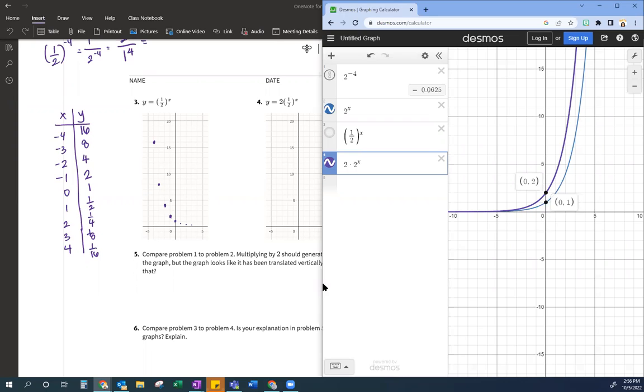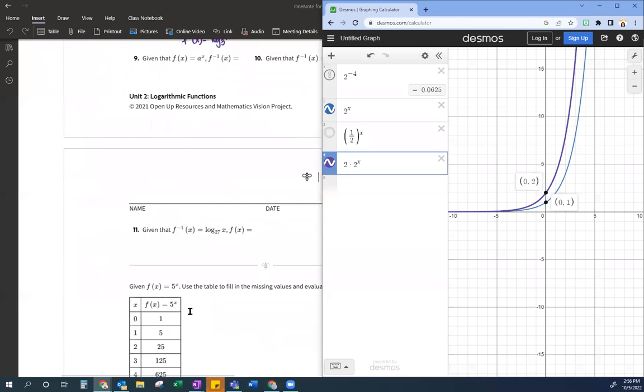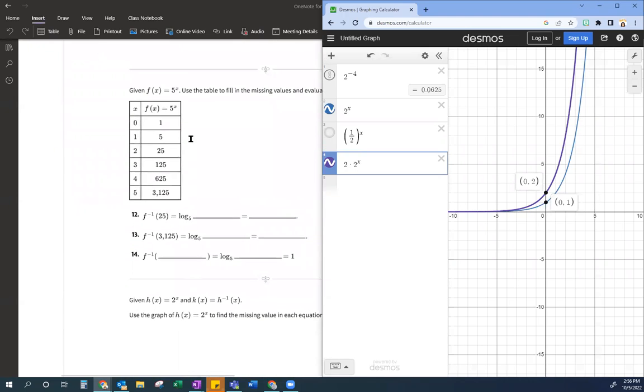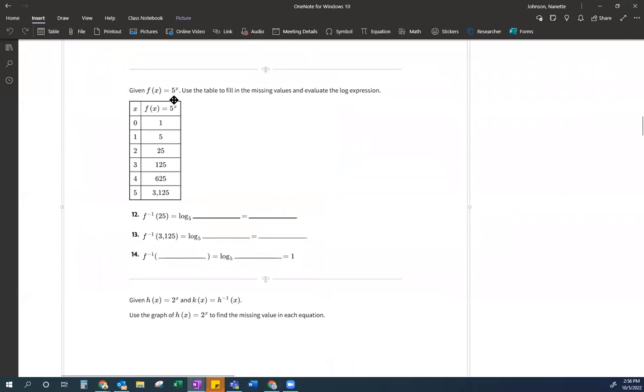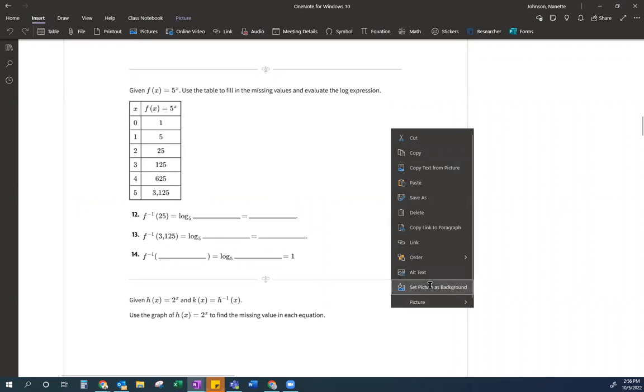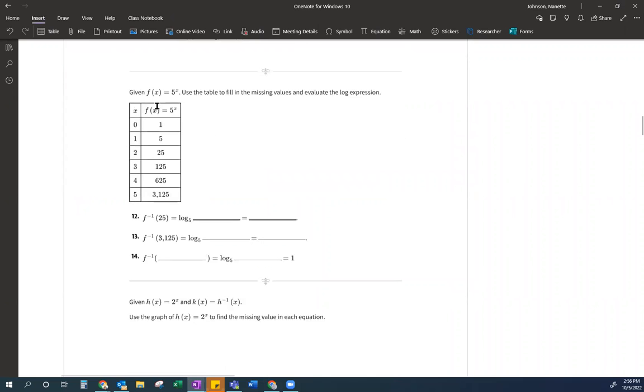Okay. The next question someone asked was number 12. So here's number 12. It says, given f of x equals 5 to the x, use the table to fill in the missing values and evaluate the log expression.